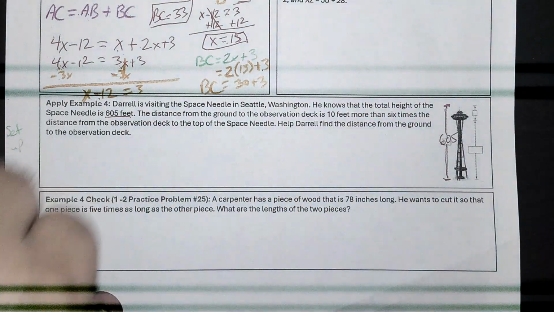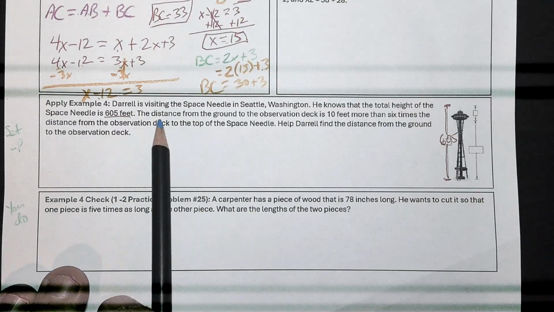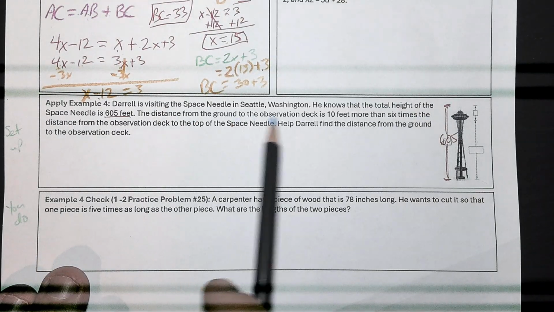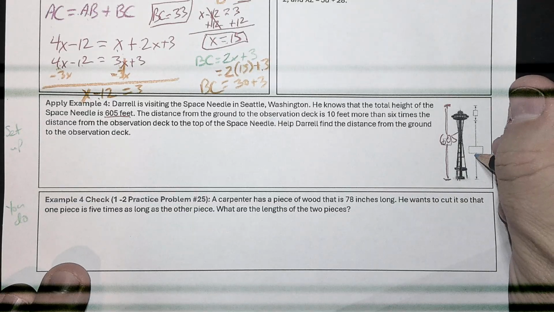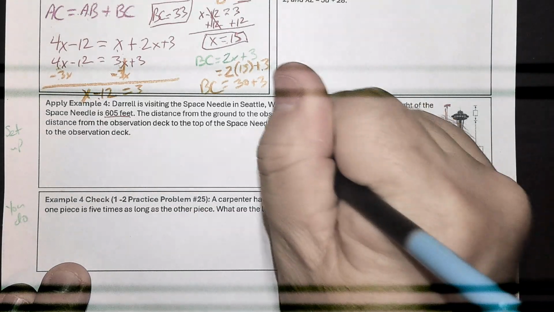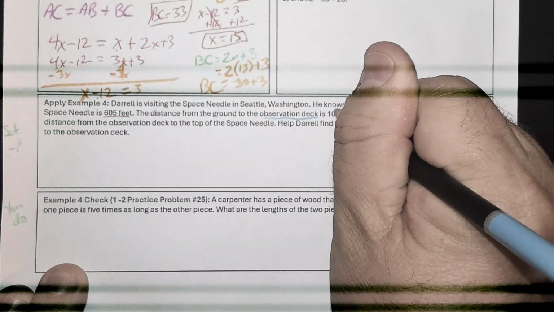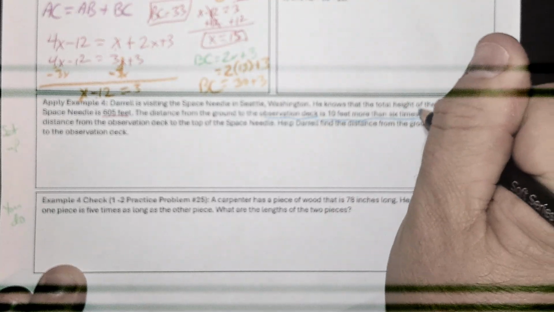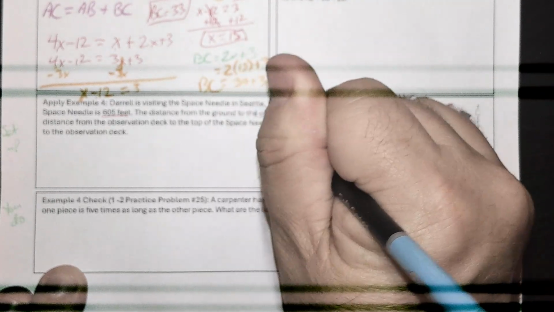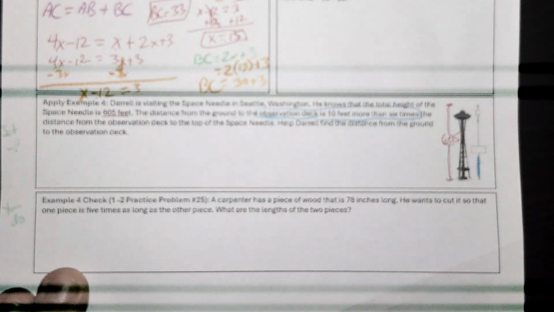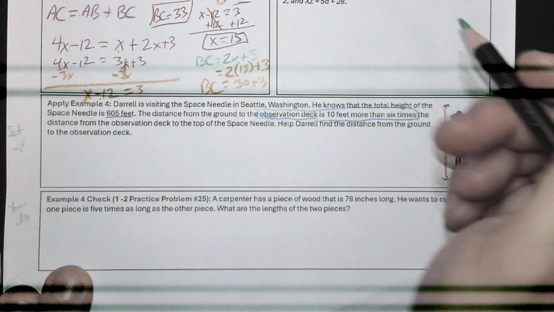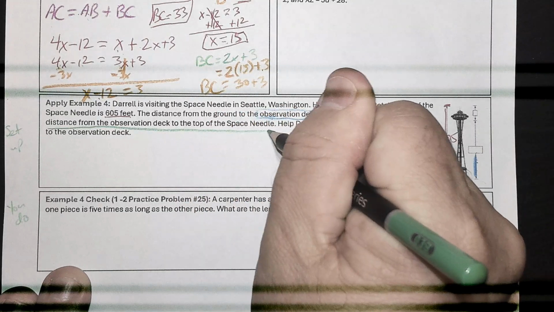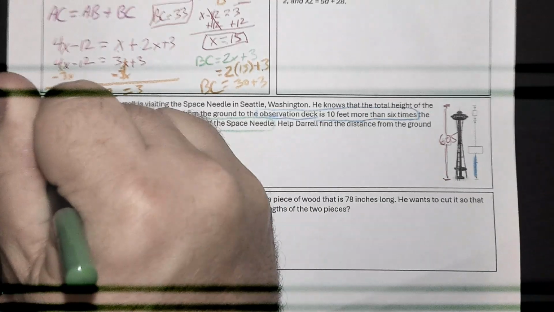Now, the distance from the ground to the observation deck, so I'm going to make it this color, is 10 feet more than 6 times this green amount.